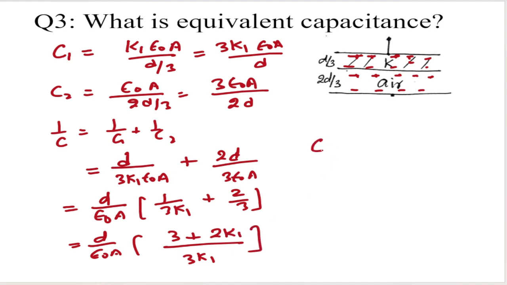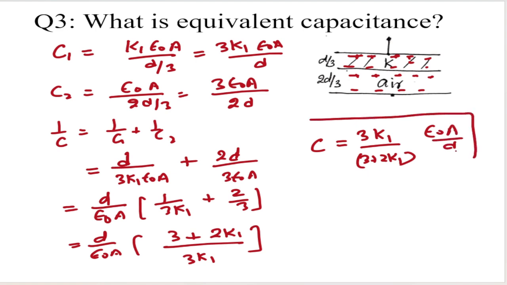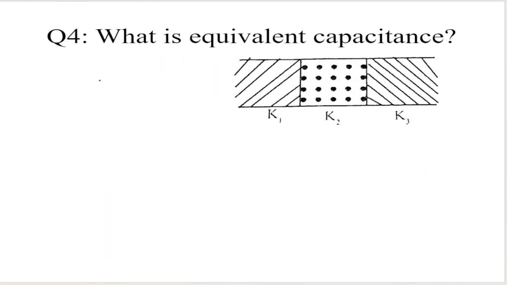Now do the reciprocal. So when we do the reciprocal, then we get 3K1 upon 3 plus 2K1 and epsilon naught A upon D is the equivalent capacitance of this capacitor.